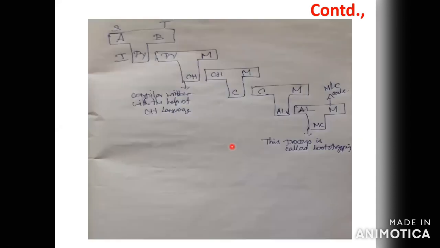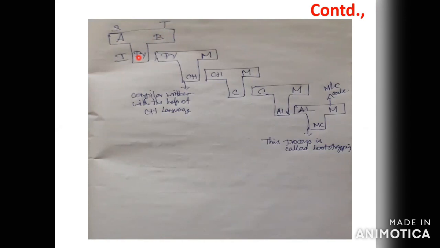Okay. Here, check. I am giving one example: A, P, Py. A means source language, P means target language, Py means implementation language. Here I am indicating Py is for the Python language.